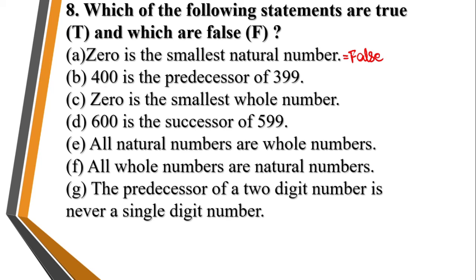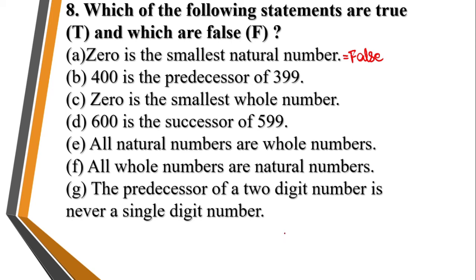Now to find the predecessor we will do minus 1, right? 399 is the predecessor of 400, that's right. 400 is the successor of 399. To find the predecessor, we will do minus 1.